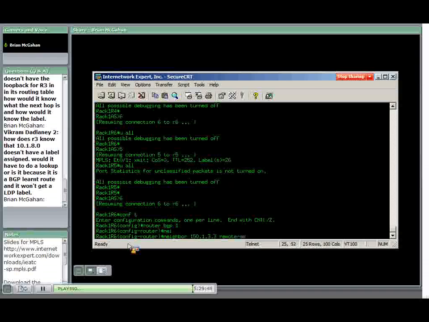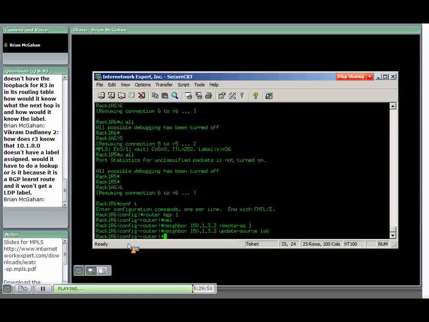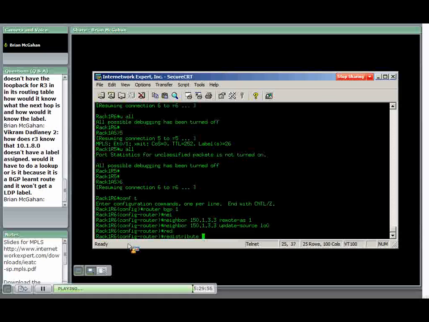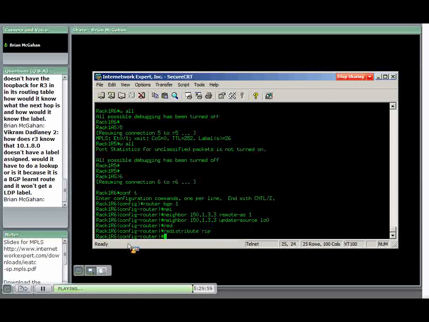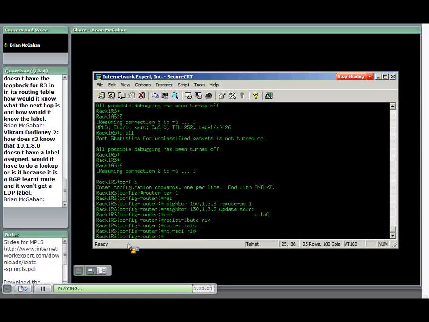Okay, so let's go ahead and take a look at this on the command line. We're going to run BGP between router 3 and 6, and instead of redistributing RIP into IS-IS, we're going to redistribute RIP into BGP. So router 1 and router 5 are not going to have the route to router 7 or router 8 again.